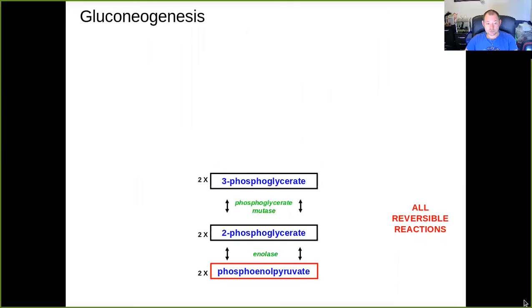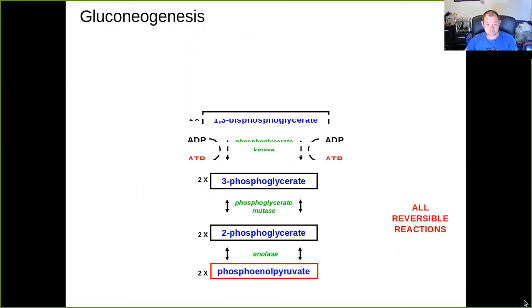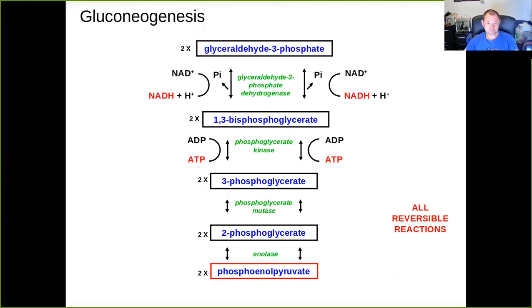So all reversible reactions. When we look here, we can see each of these reactions is reversible, so we can basically move up this chain until we get to glyceraldehyde. Remember glyceraldehyde from earlier? A couple of phosphates are lost, dephosphorylation.